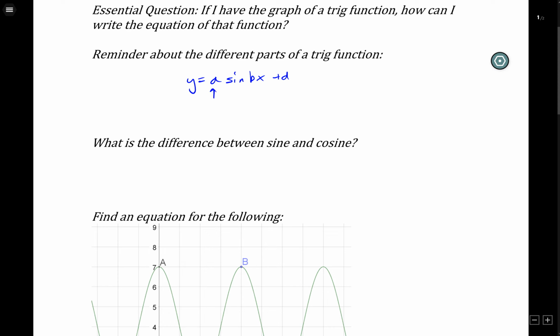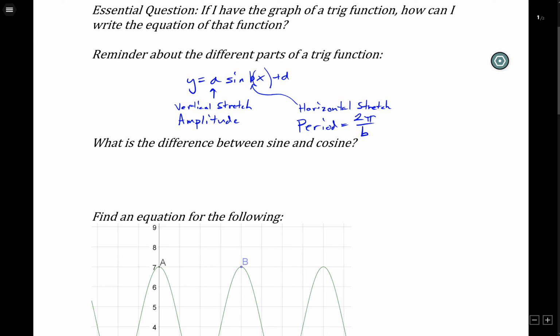If you remember A, this is our vertical stretch, and we also know that it corresponds with the amplitude, right? So if I know what the amplitude is, then I can figure out what the A is. This B corresponds with the horizontal stretch, and the horizontal stretch has something to do with the period. And we had this formula, period equals 2 pi over b.